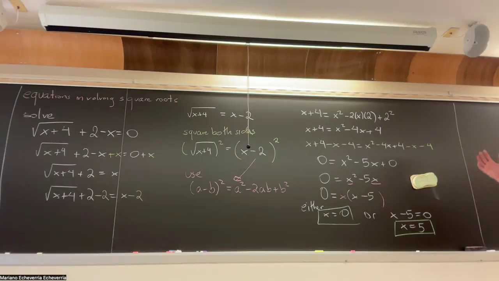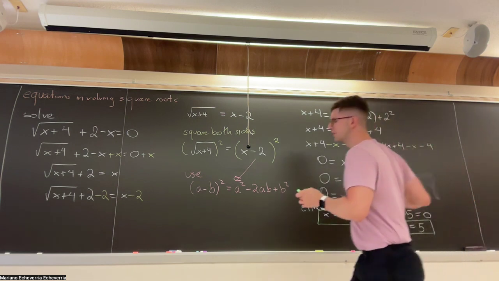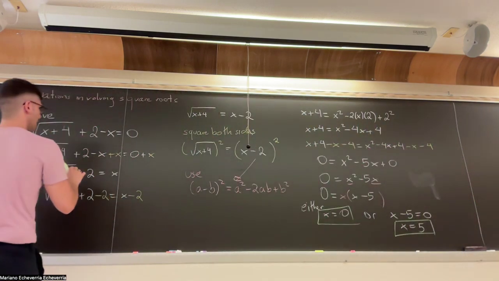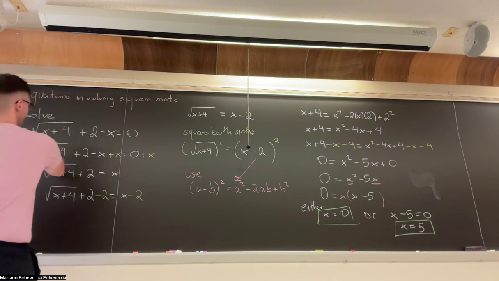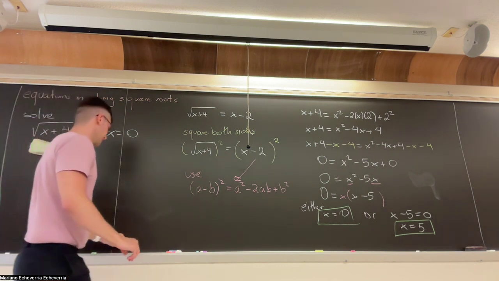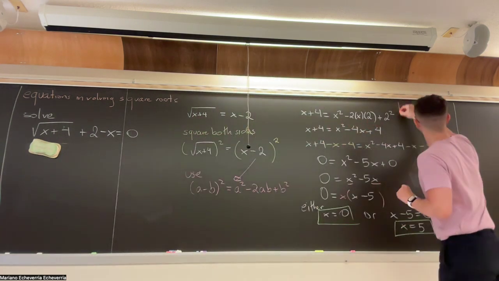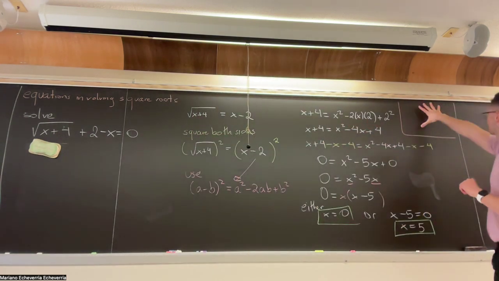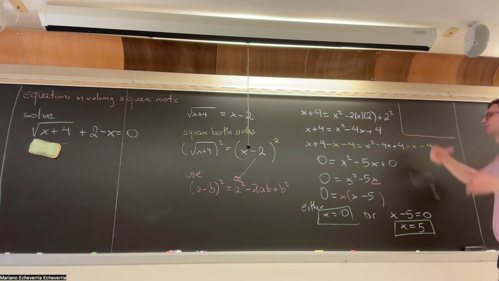Just to explain what's happening, I don't want to erase the original equation because that's what I'm going to check now, but maybe I'll put it here on the box to explain what's going on.